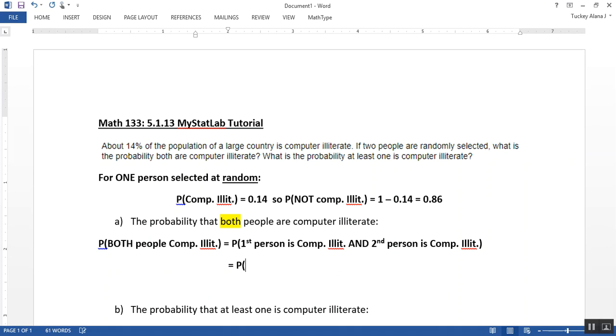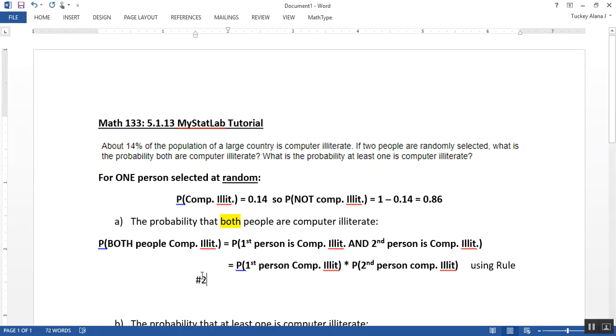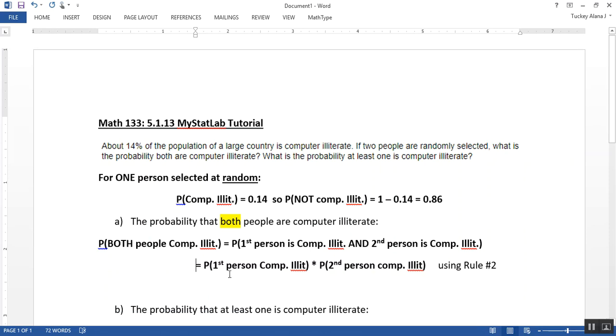We would say that's the probability the first person is computer illiterate multiplied by the probability the second person is computer illiterate.